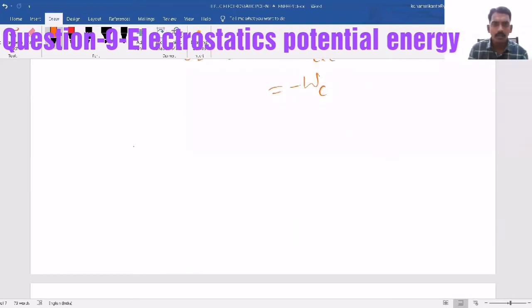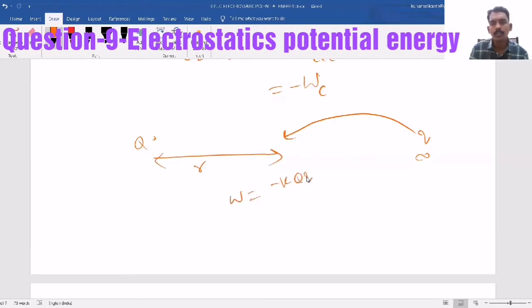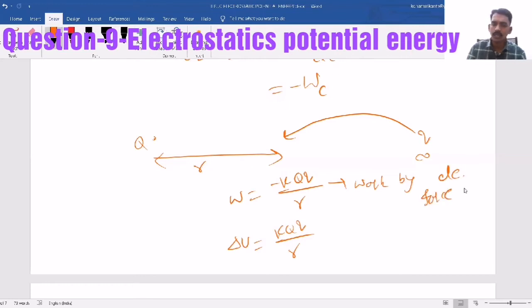Just like when you consider a charge q at infinity and you move it to a distance r, then the work done is minus kq by r. Then delta U will become kq by r. So this is the work by electrostatic force. This way you need to understand.